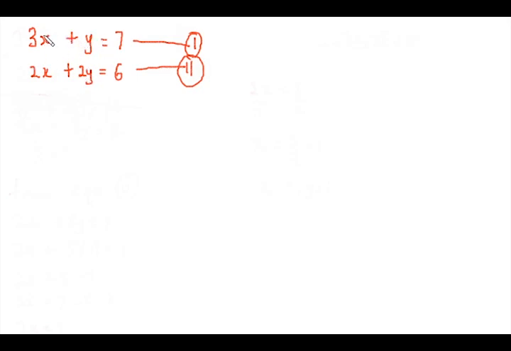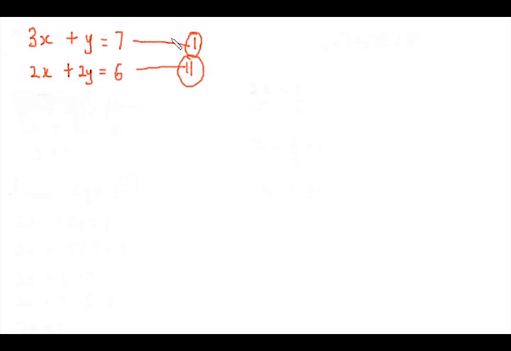If I take a look at the x variables, the constants do not match, so I cannot just immediately use an addition or subtraction sign to eliminate it. If I take a look at the y variable, the constants also do not match, so I cannot just use addition or subtraction to eliminate it.